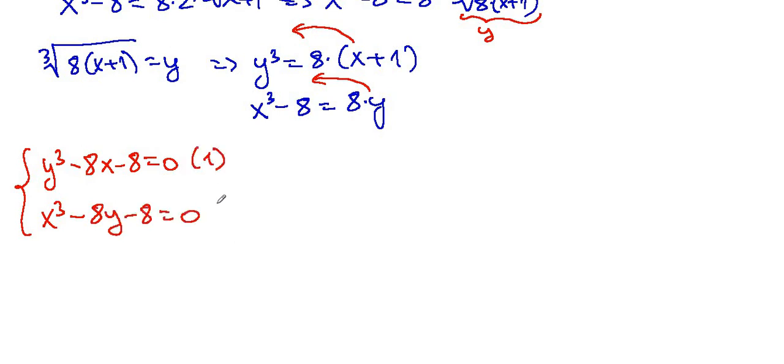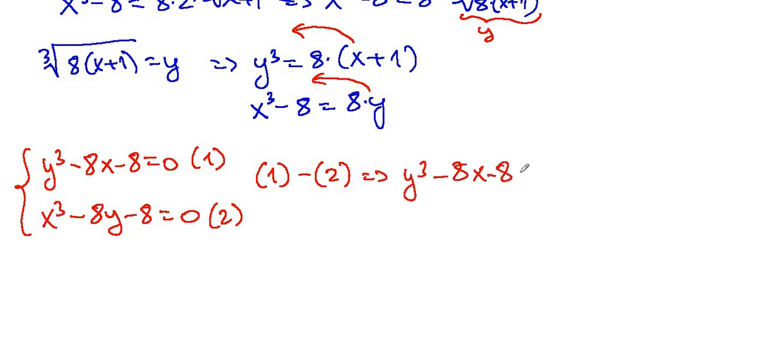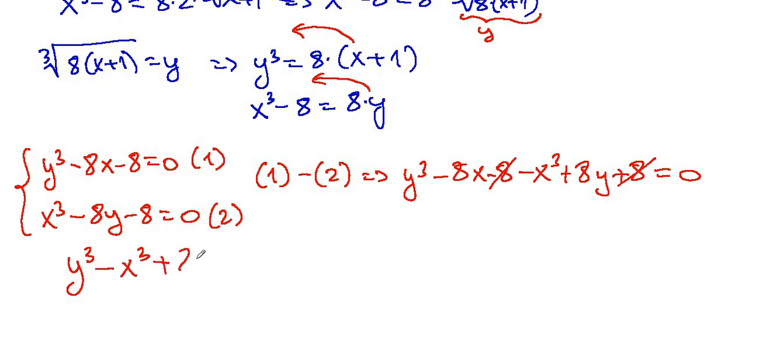So let's say that this is the first equation, this is the second equation, and if we subtract the second from the first, then we will get y cubed minus 8x minus 8 minus x cubed plus 8y plus 8 is equal to 0. So we see that minus 8 plus 8 will be cancelled, and then grouping terms we will get y cubed minus x cubed plus 8y minus 8x is equal to 0.